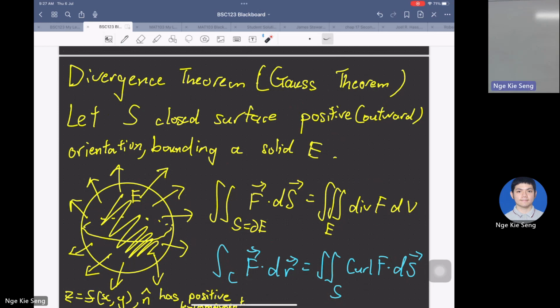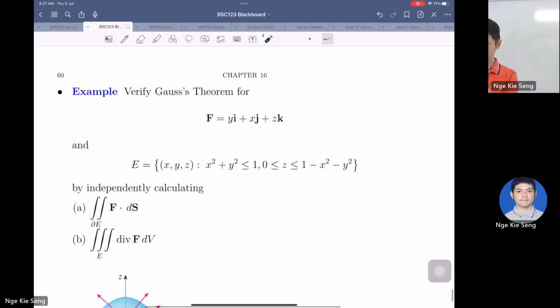Okay. We do example. Okay, let's do example. So we do this Gauss theorem here. Okay, so we compute these two numbers.